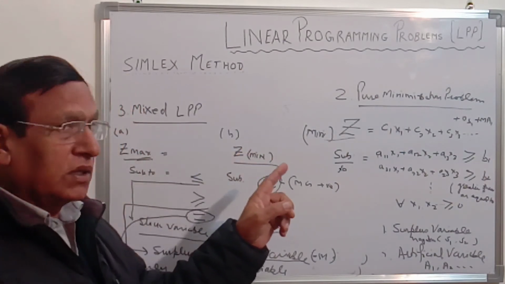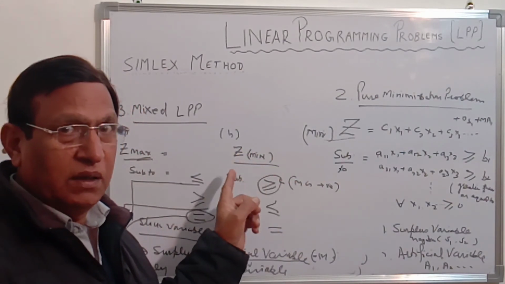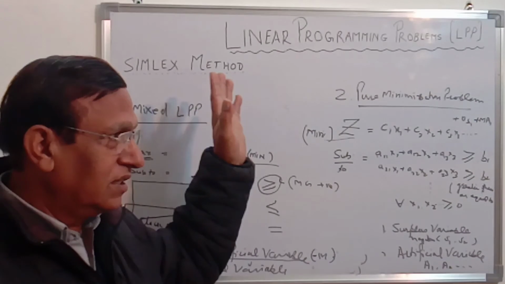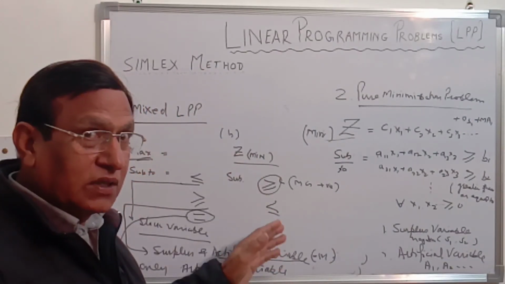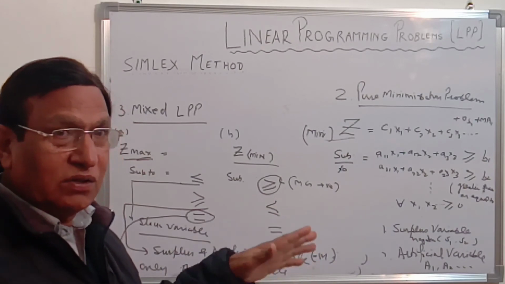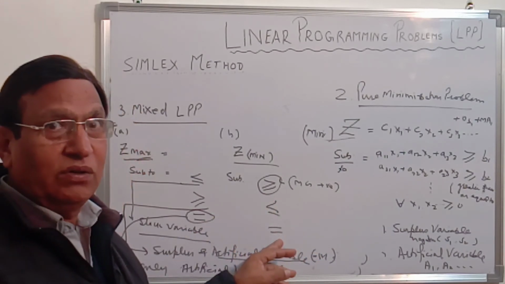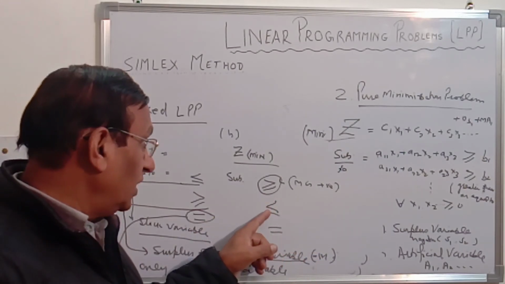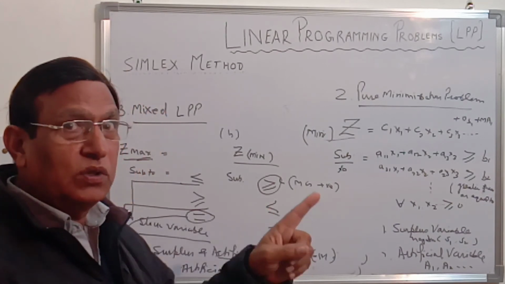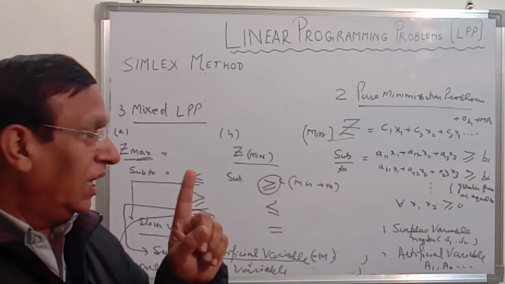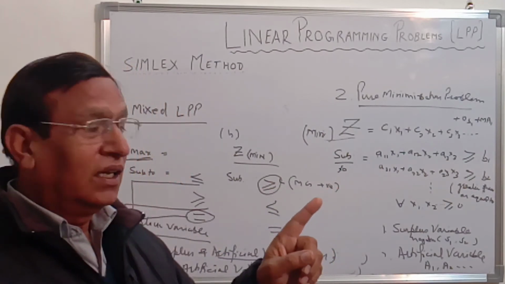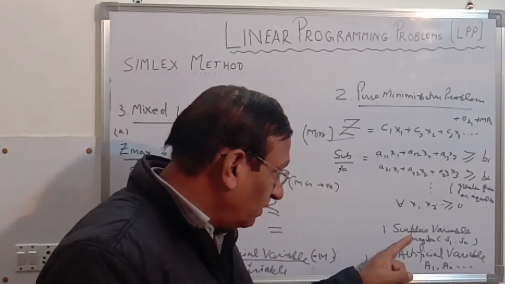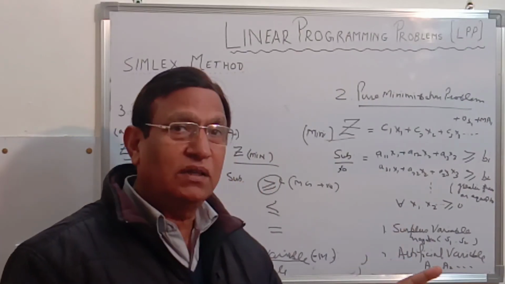Only two types of objective can be there, Z minimum or Z maximum. But constraints can be of three types: less than or equal to, greater than or equal to, or exactly equal to. If the equation is less than or equal to type, use slack variable. If the equation is greater than or equal to type, then use surplus variable as well as artificial variable.